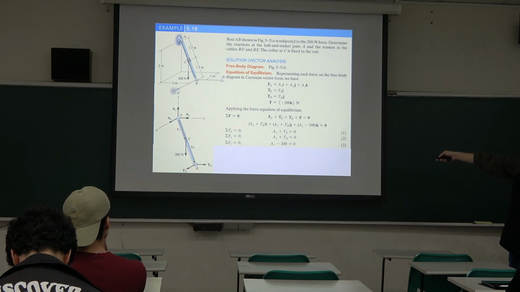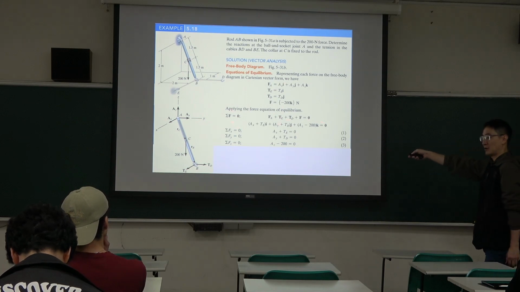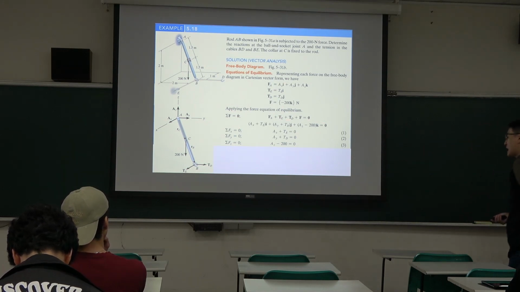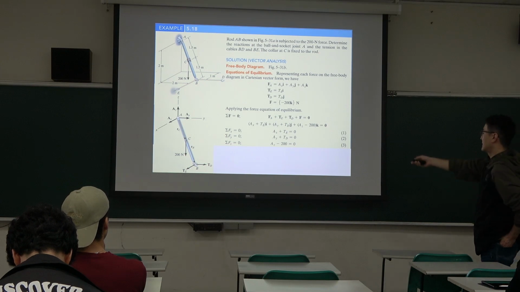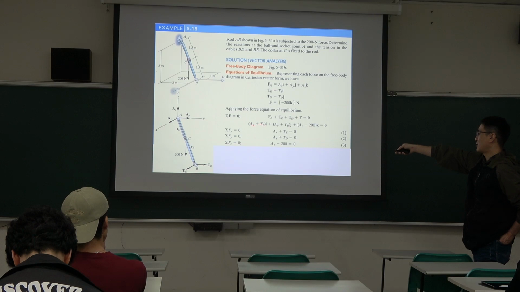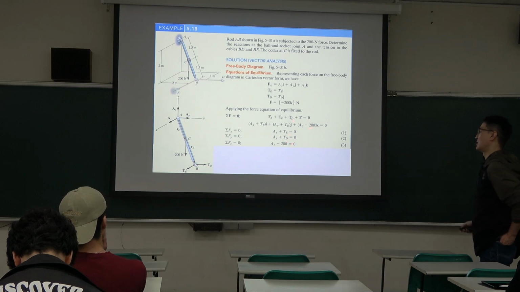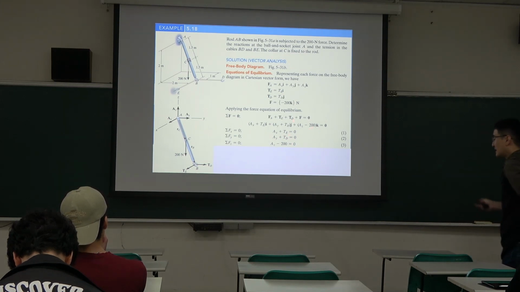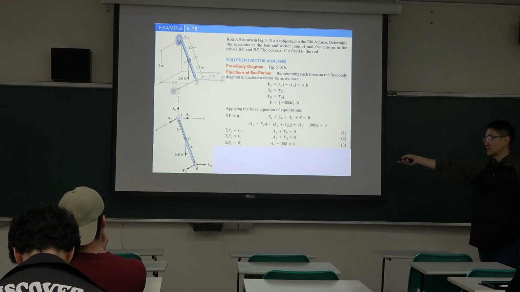So we can present it this way. That means this part for x direction equals 0, y direction equals 0, and z direction equals 0. So that means AZ, which we already know.